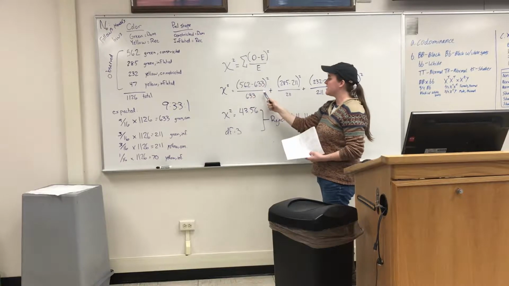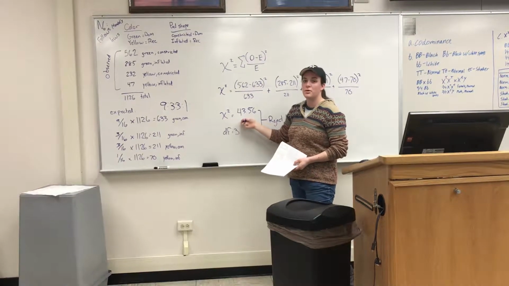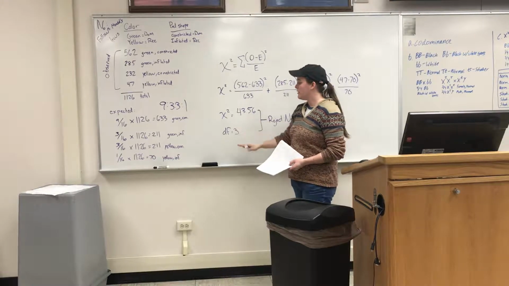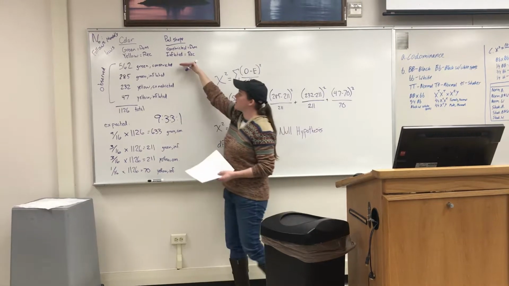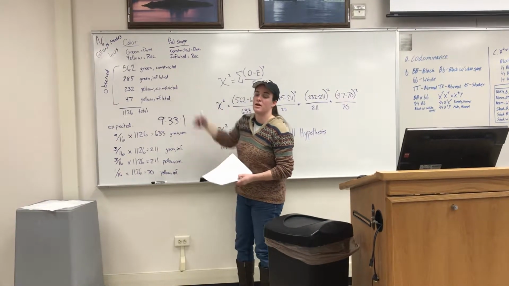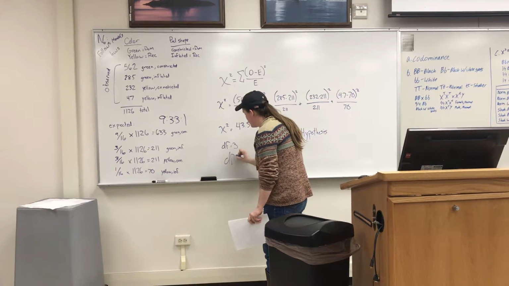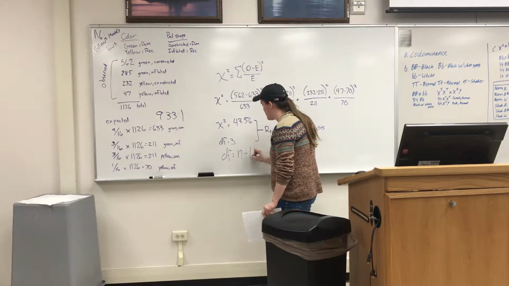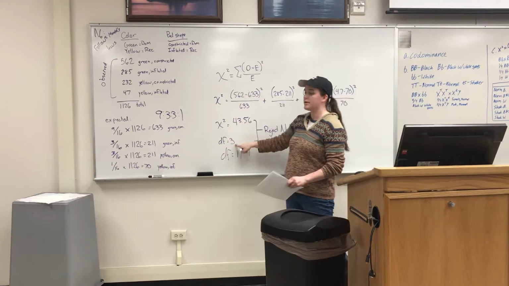So we've just plugged these in right here, and our value came out to be 43.56. And then we got to figure out our degrees of freedom. We have our 4 phenotypes, and degrees of freedom, I'll just write the equation real quick, equals n minus 1, so n being our categories, minus 1, and that's how you get 3.